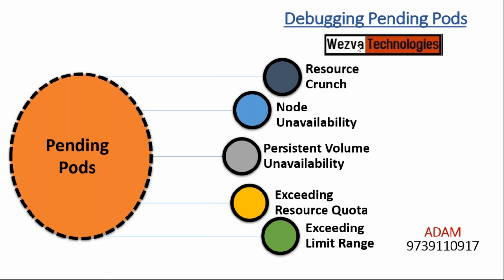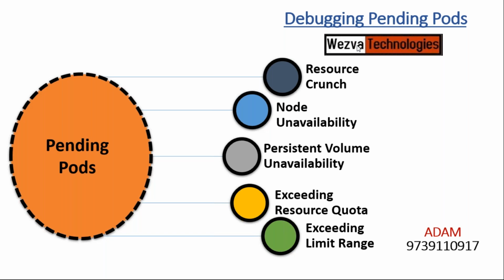So if you go ahead and do a kubectl apply, and when I say kubectl get pods it always shows me pending, or the state of the pod is pending, then there are various scenarios for which the pod might still be in pending. Okay. Now, considering the most popular scenarios, these are the 5 scenarios for which your pod will be in a pending state. Okay. So what are they?